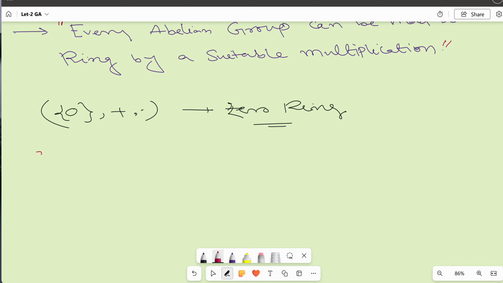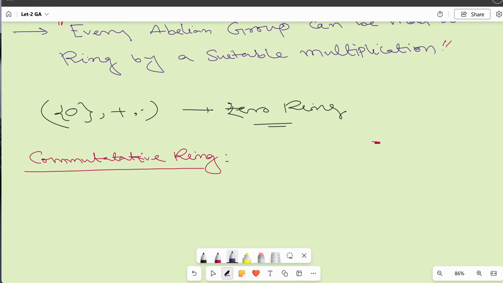Commutative ring. See, plus is always commutative, and whatever you do in a ring, the commutativity you check under the second operation, that is dot.